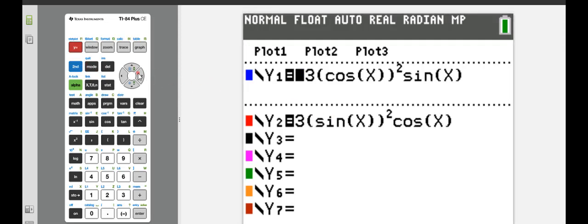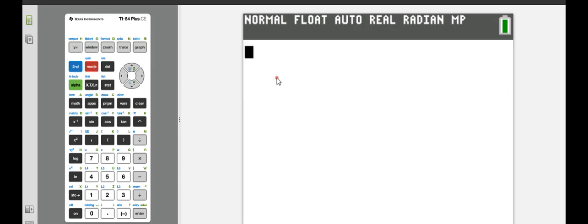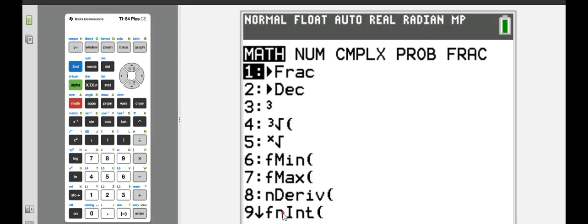So now we're going to go to the home screen and choose math, and we're going to do the function integral, number 9.